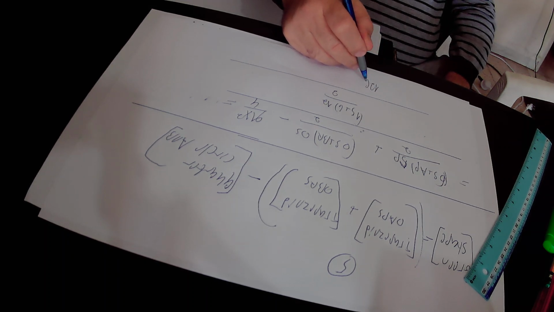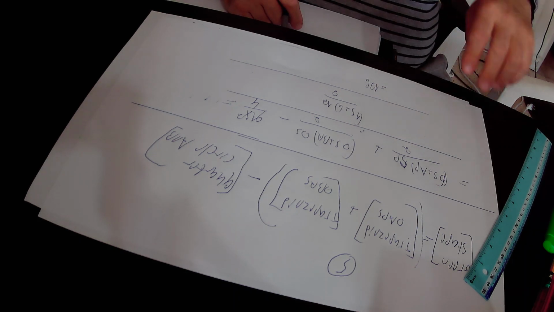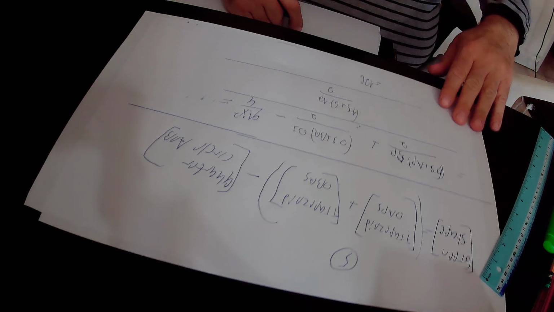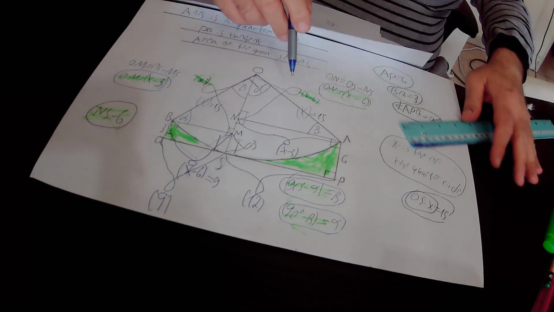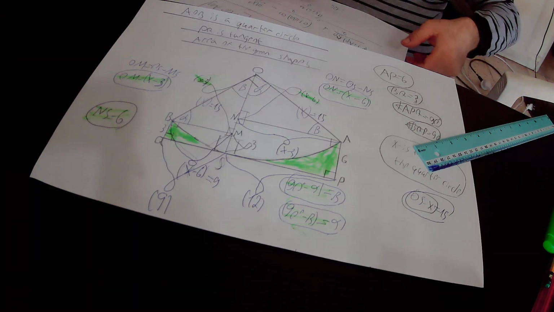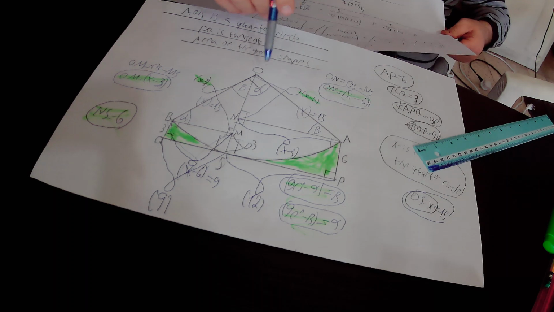That is to say, the area of trapezoid OAPS equals 126 square units, plus the area of this trapezoid OSQB.